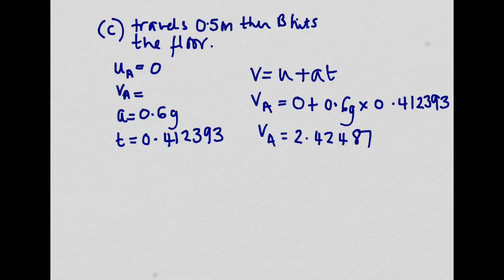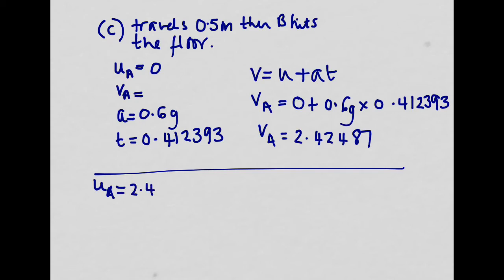For the stage that I'm at now, when it starts moving off on its own, the initial speed now becomes the speed it was at when it was connected. I want to find out what s is, because that's what the question is asking about.